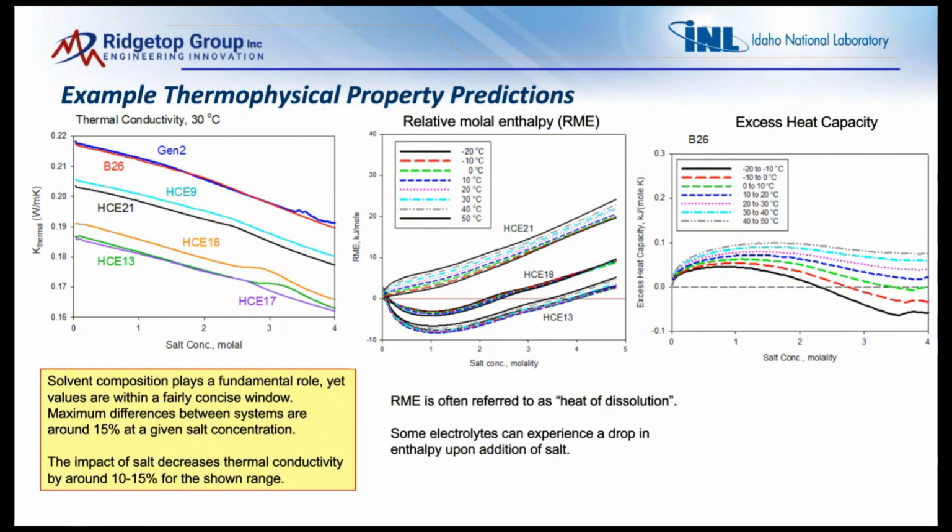And on the right-hand side, we have the excess heat capacity, which is the change in heat capacity as you add salt. These terms can be used to assist with thermal management design for different batteries and to understand the material costs for maintaining particular temperature control metrics as you use these electrolytes in the system. Okay, next.